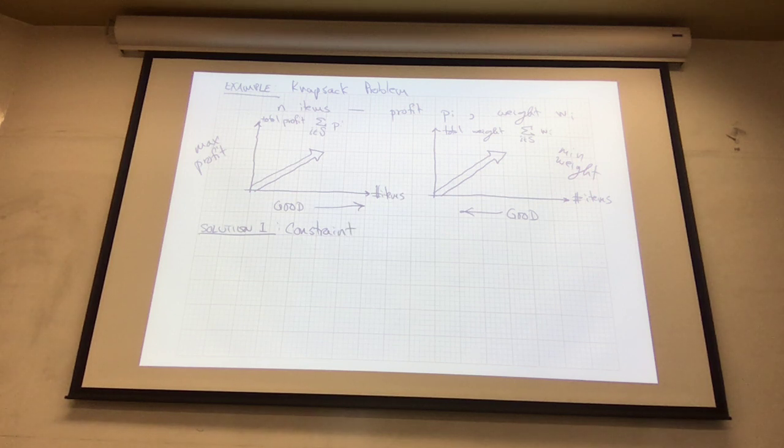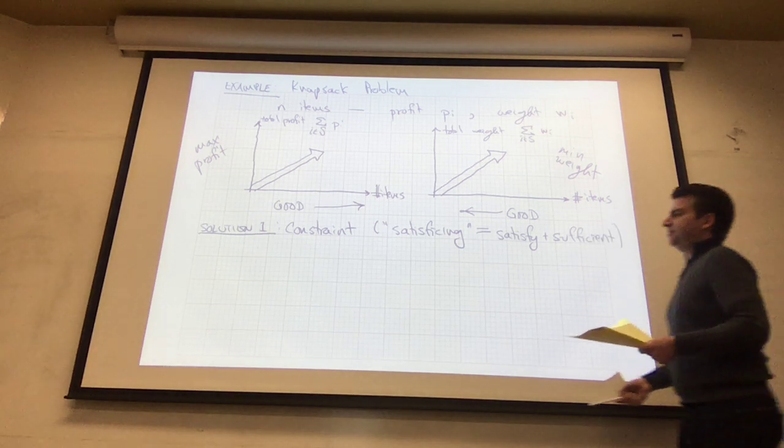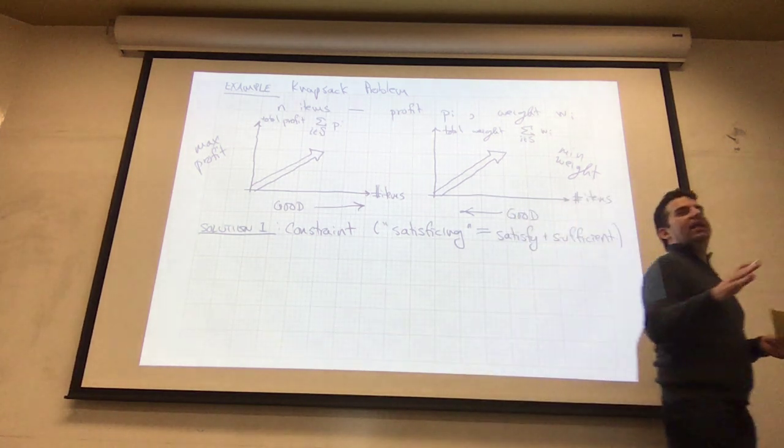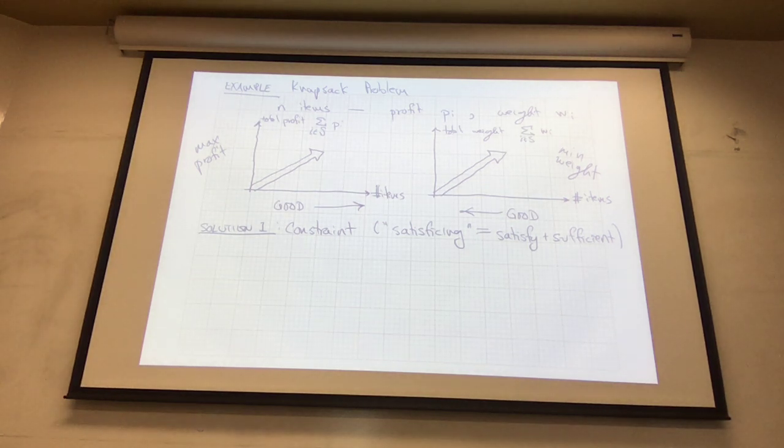And this is what social scientists would call the satisficing approach, where satisficing is a combination of satisfy and sufficient. So in the satisficing approach, this is one way you basically say, let's say I want to maximize my profit, so I'll define profit as f_P and define weight as f_W.